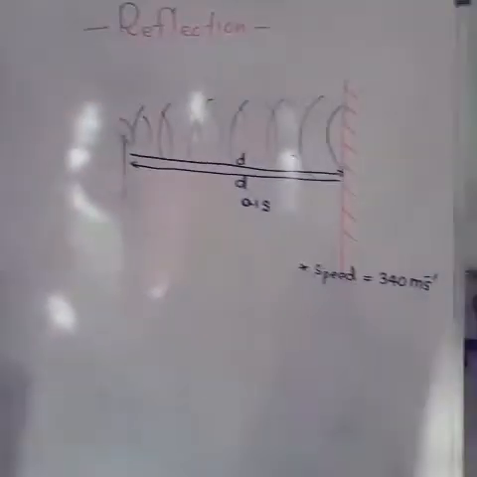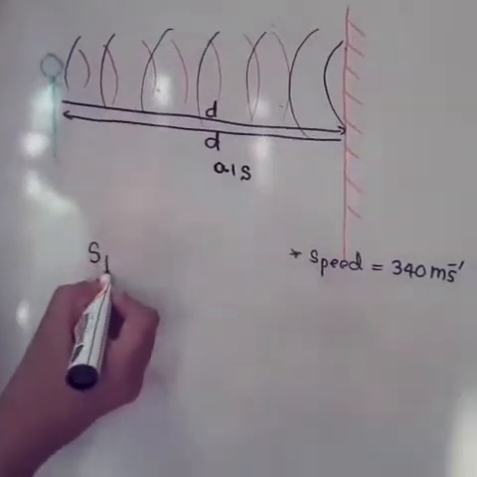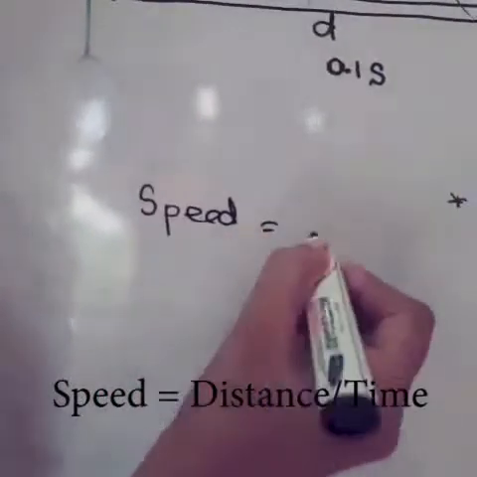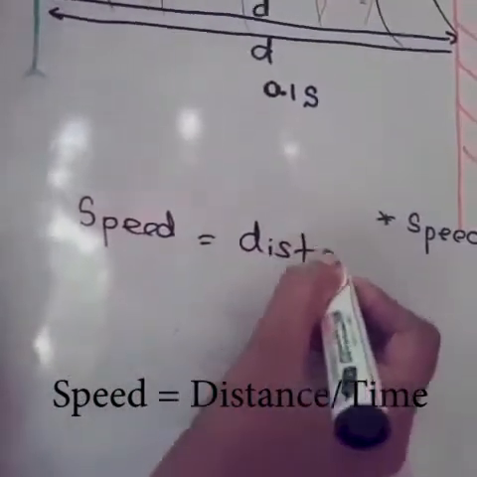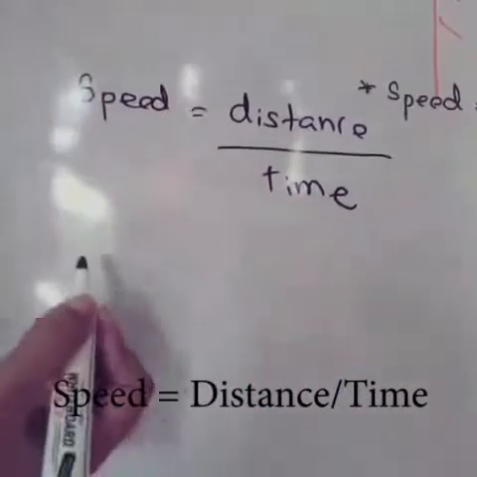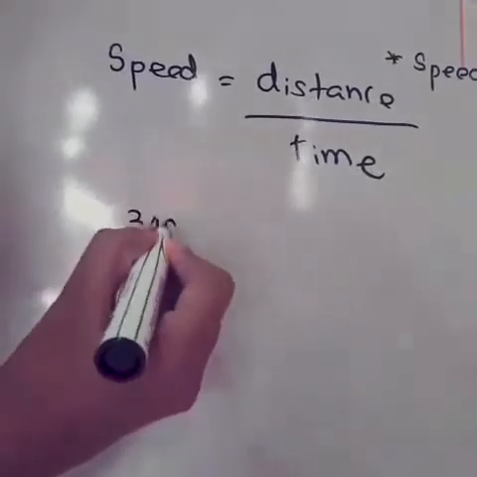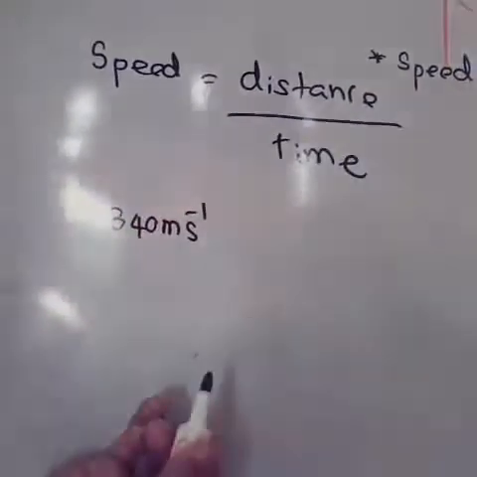Right, now speed. So we know that the speed is equal to the distance over time. So speed is 340 meters per second.